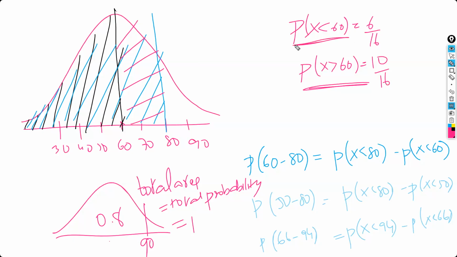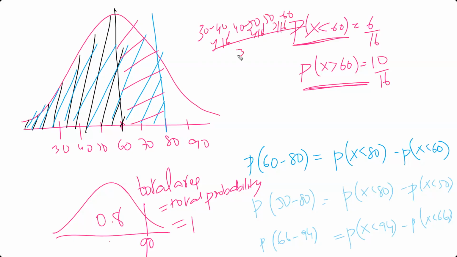X less than 60 means 30 to 40, 40 to 50, 50 to 60. Combining these three, which is 1 by 16, 2 by 16, 3 by 16, the total is 6 by 16. Now, when I'm asking greater than 60, you have to take 60 to 70, 70 to 80, 80 to 90, 90 to 100, a combination of these four.